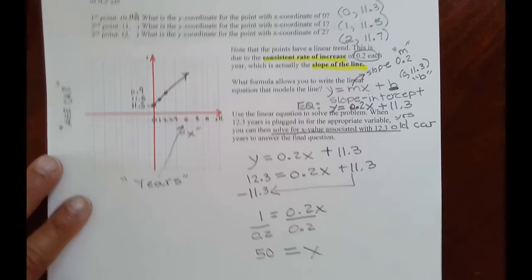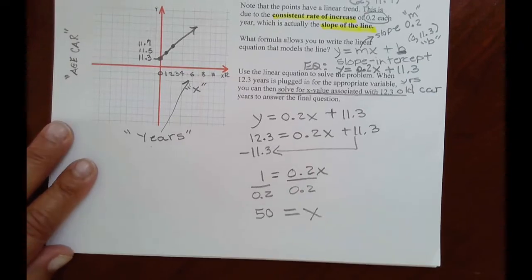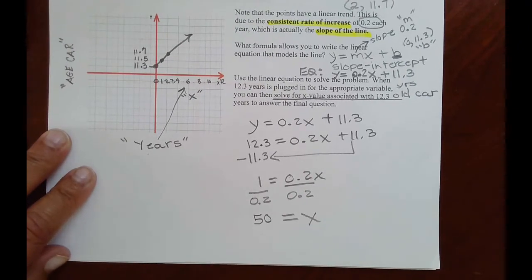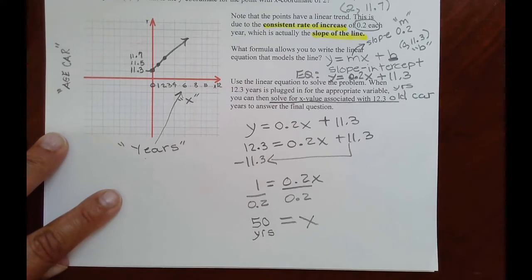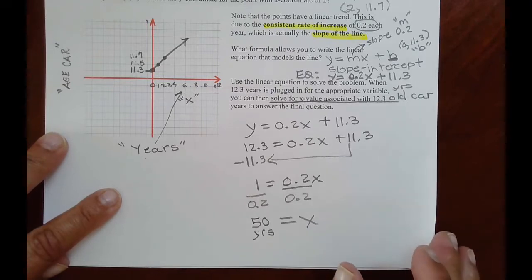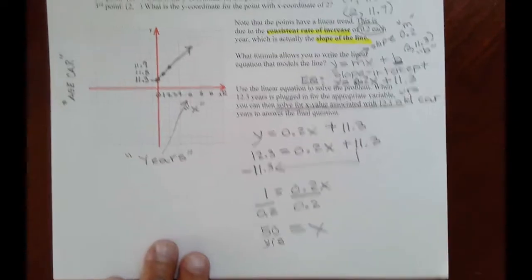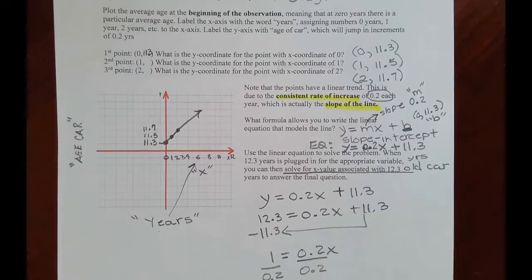So jumping in increments of 0.02, that would take 50 years. Okay. Let's move on to a decline problem. Give me 1 minute and I will continue with the next problem.